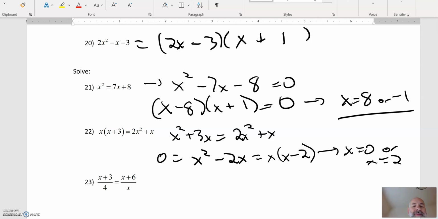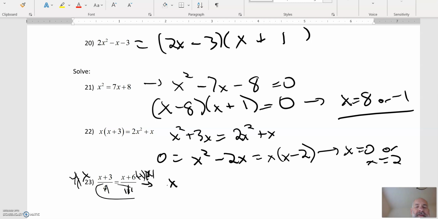Woohoo! And then this last one, okay, I made a mistake on this last one. This one didn't factor. I apologize. But you should have said, oh, I want to get rid of these denominators because I don't like them down here. So I'm going to multiply both sides by x, and on this side the x's cancel. And then I'm going to multiply both sides by 4, and on this side the 4's cancel.